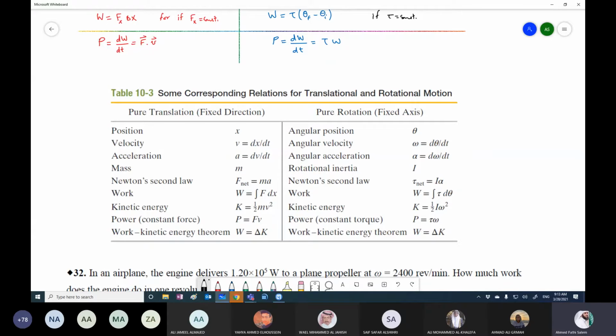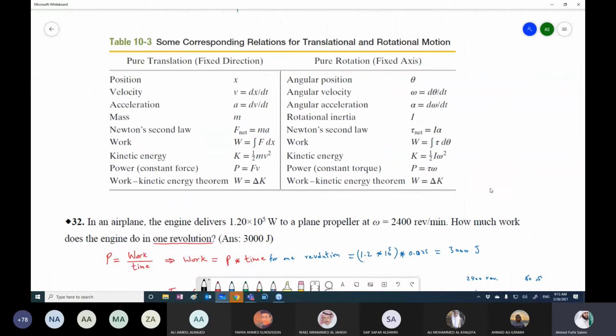K is 1/2 mv square, K is 1/2 I omega square. Instantaneous power is F V, power equals torque times omega. And the work kinetic energy theorem is applied in both cases. You see the analogy, the correspondence.